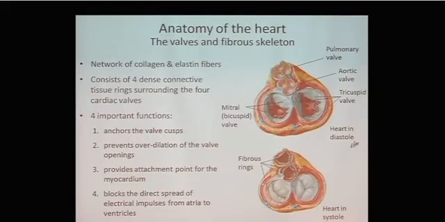So the fibrous skeleton that surrounds the valves allows an anchor for the valves, keeps them from over-dilating, stretching out. It also provides attachment. You can see this is myocardium here attaching to the fibrous skeleton. So the myocardium attaches to that fibrous skeleton and gives it an anchoring point.